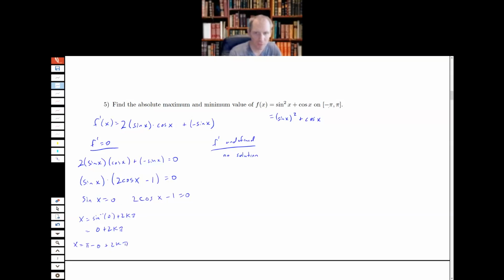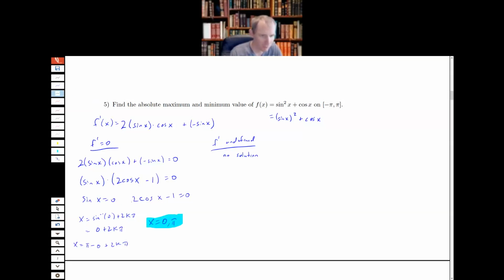Now, the interval negative pi to pi is 2 pi long, right? So if you find a value inside and you add 2 pi, you'll be outside, or if you subtract 2 pi, you'll be outside. So out of these two, the only things that are going to be in between negative pi and pi are, from the first one, a 0, and from the second one, a pi. The other values are either going to be too big or too small. Okay, so I get 2 values so far.